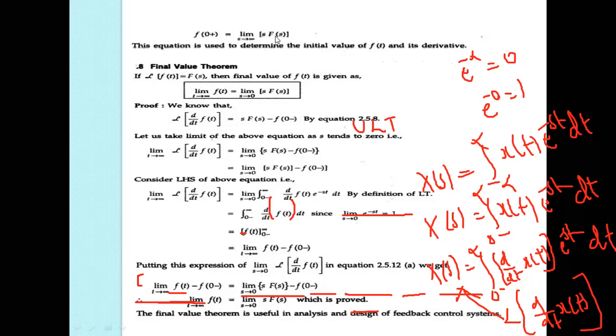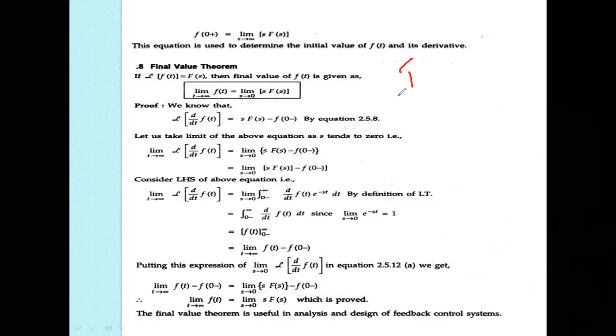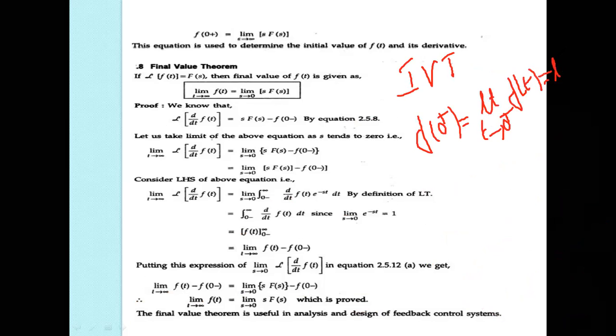Got it, my students? The initial value theorem is f of 0 plus, or limit t tends to 0 plus f of t, is equal to limit s tends to infinite s into f of s.